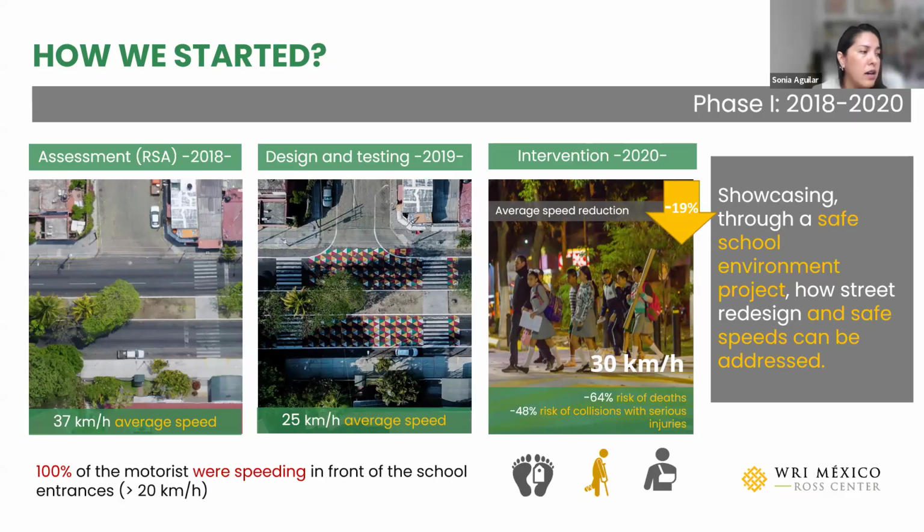After this, we implemented a tactical urbanism exercise for one week. This exercise allowed us to add plastic speed bumps. You can see there is some paint and crosswalks, but at the same time we implemented these plastic speed bumps. With that, we could achieve an average speed of 25 kilometers per hour.